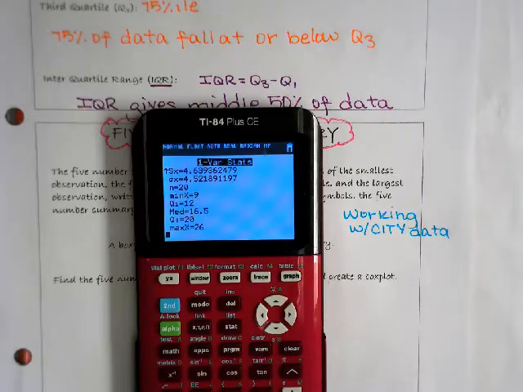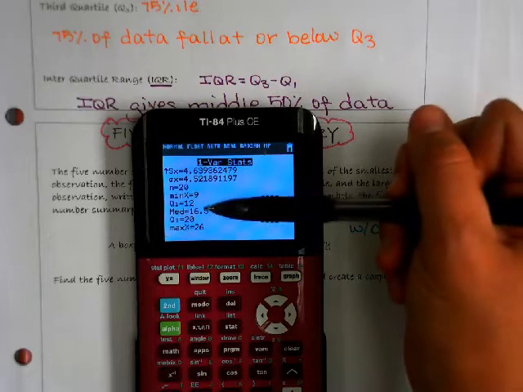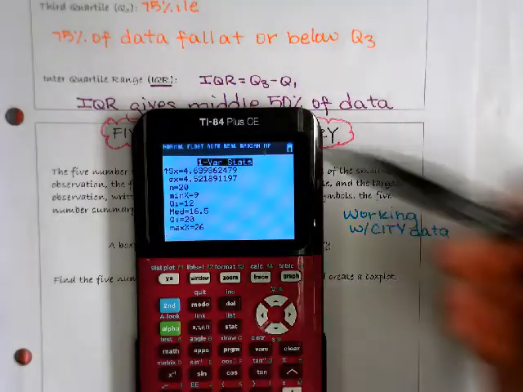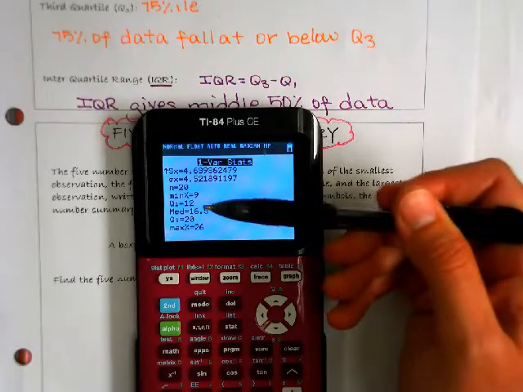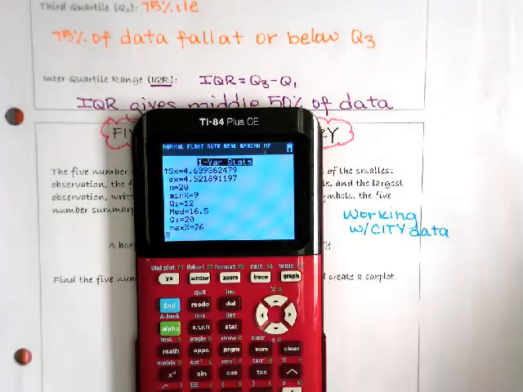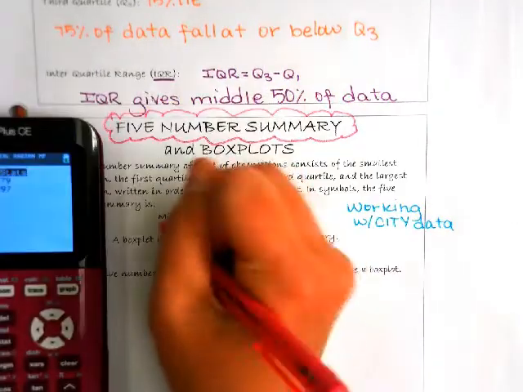So it gives us our min, Q1, median, Q3, and the max. Minimum is 9, Q1 is 12, the median is 16.5, Q3 is 20, and the max is 26.